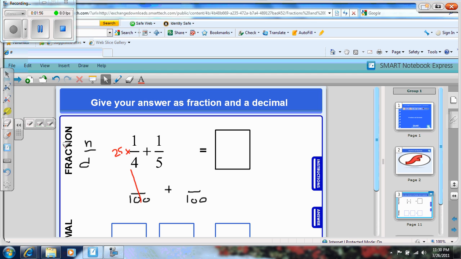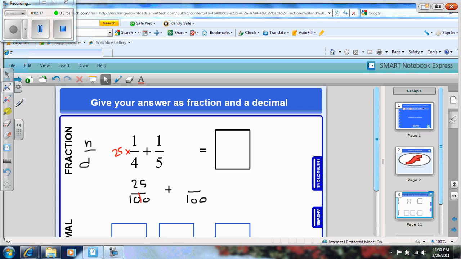Uh-oh. Excuse me, let me erase this, you guys. I'm not trying to confuse you. This red mark. 4 times 25 is 100. Now what is 1 times 25? Correct, it is 25.